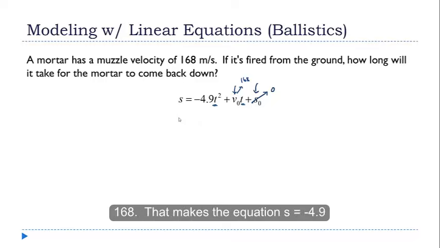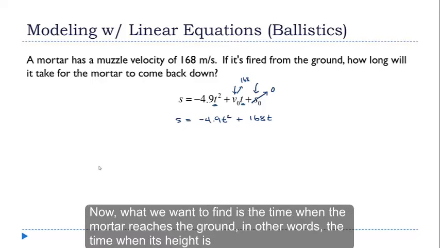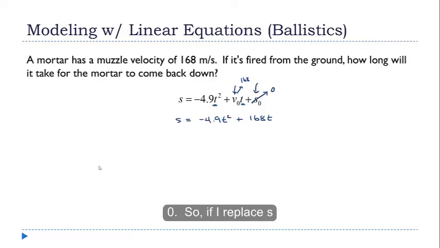So that makes the equation s equals -4.9 t squared plus 168 t. Now, what we want to find is the time when the mortar reaches the ground. In other words, the time when its height is 0. So if I replace s with 0, that will give me a quadratic equation.